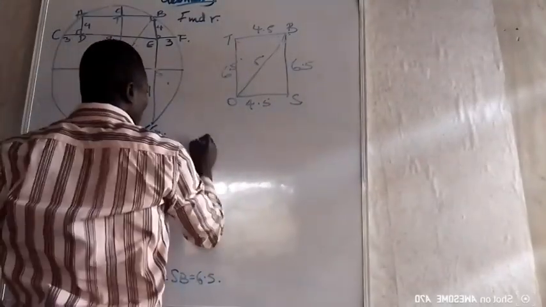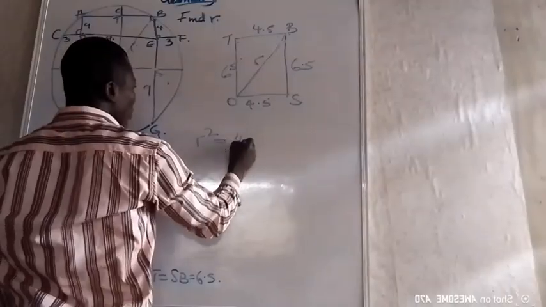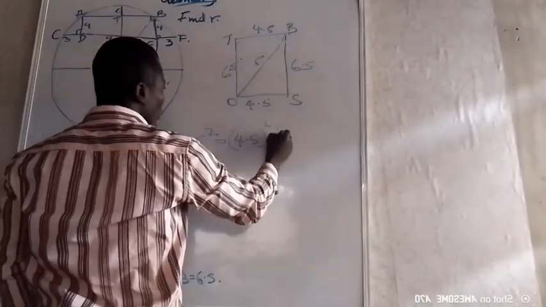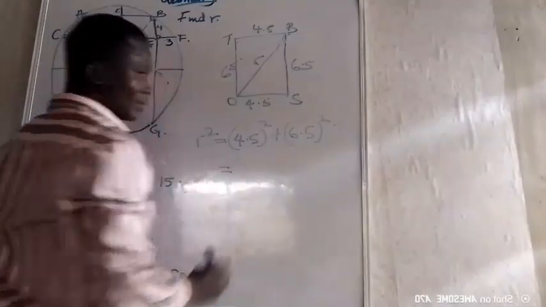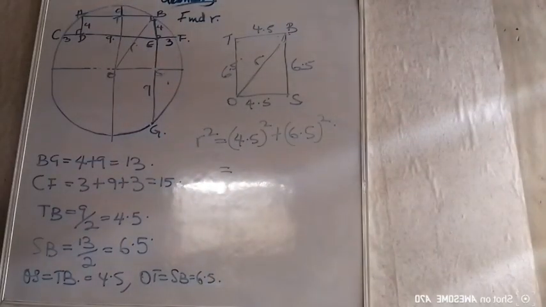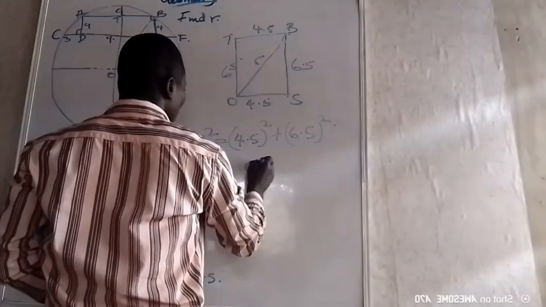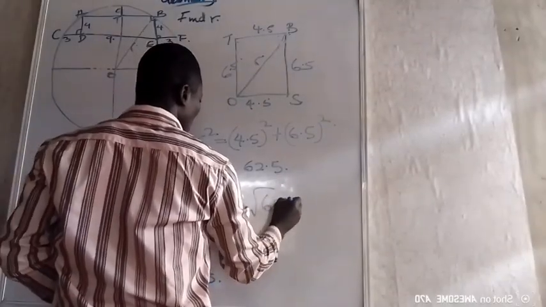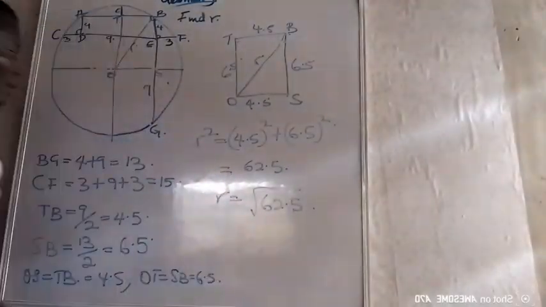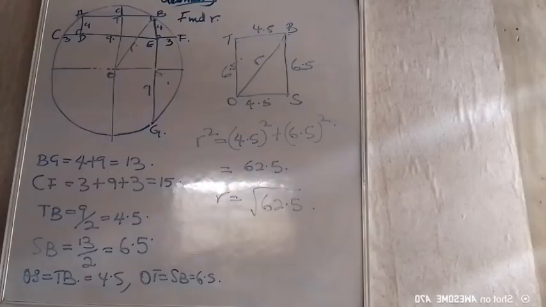So, what is our R? That's going to be 4.5 squared plus 6.5 squared, and that is 62.5. So R is the root of 62.5.